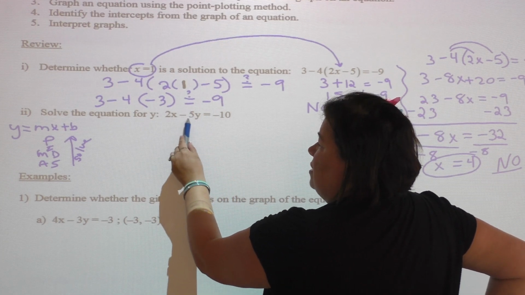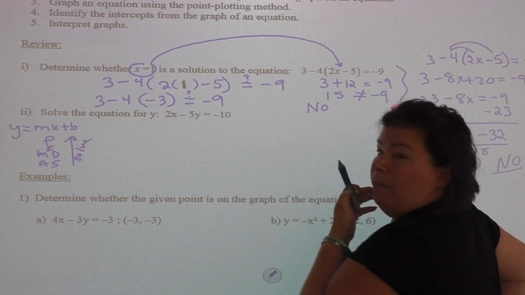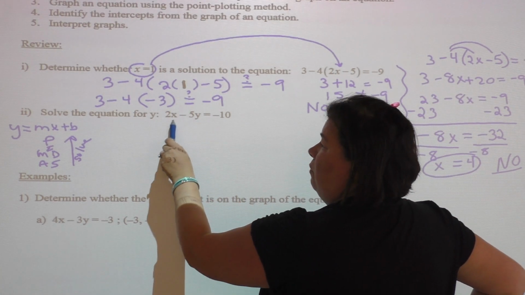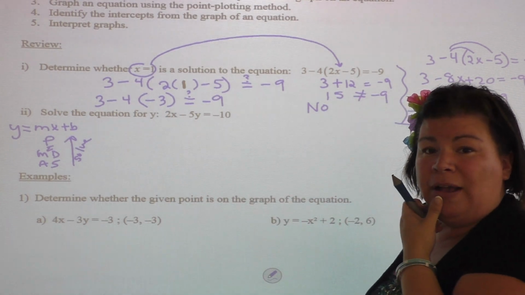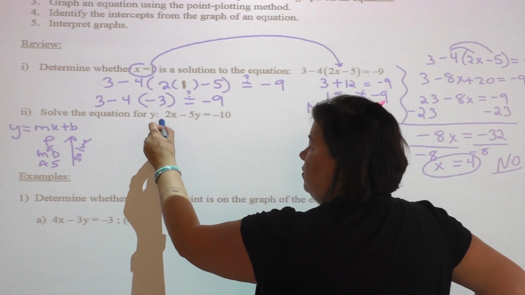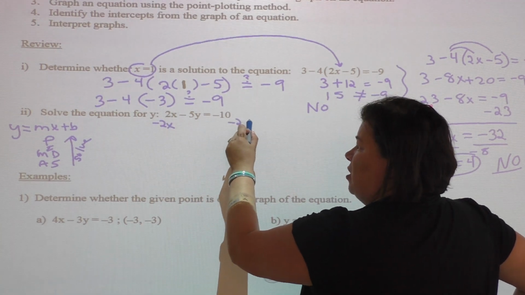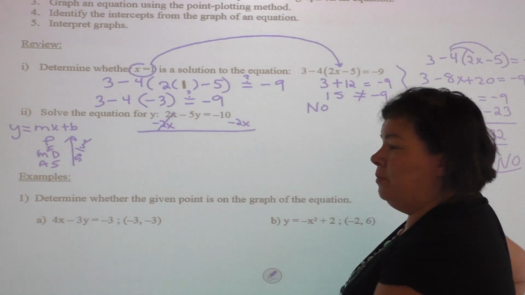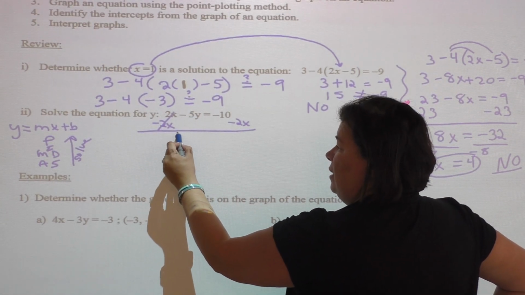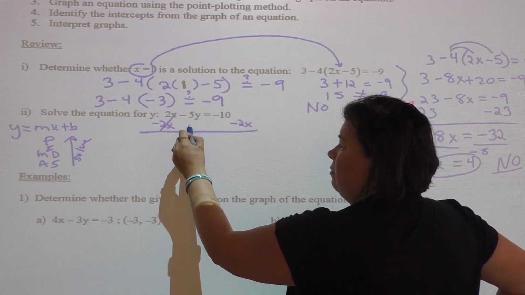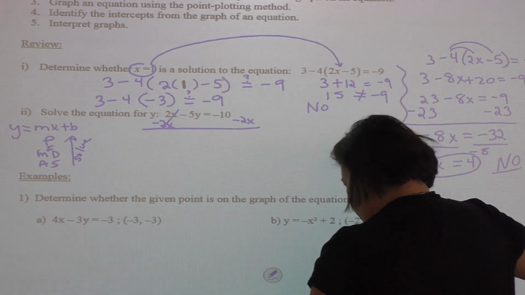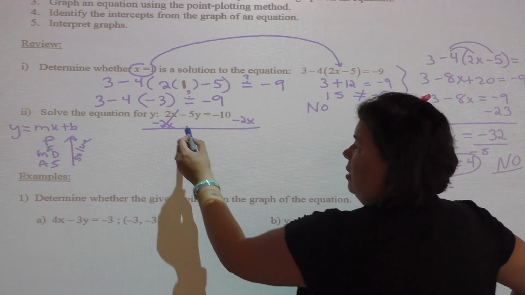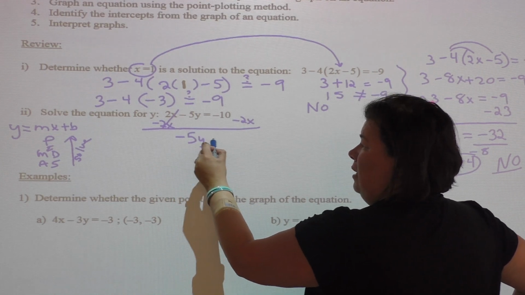Since the y is attached to the -5 by multiplication, we want to get rid of the positive 2x by subtracting it from both sides. I'm just going to put it over on the side here, indicating those are not like terms. Don't forget to bring down that -5. So we have -5y equals.